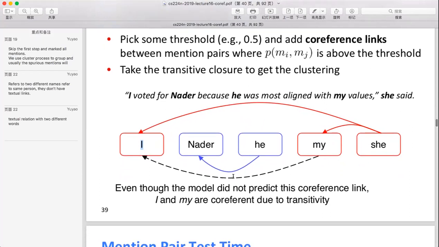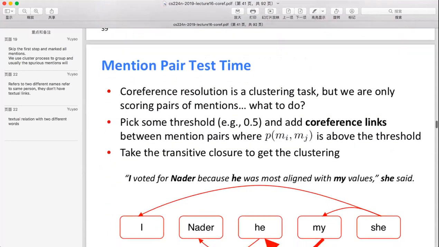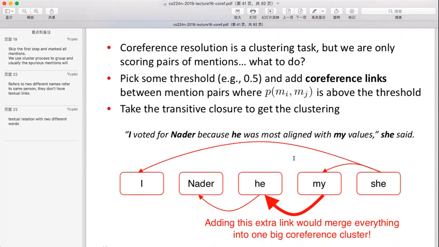So this causes a problem: if you set your threshold slightly differently and it makes a mistake, grouping he and my as one group, then these 5 words are identified as the same cluster. So that is a wrong result.